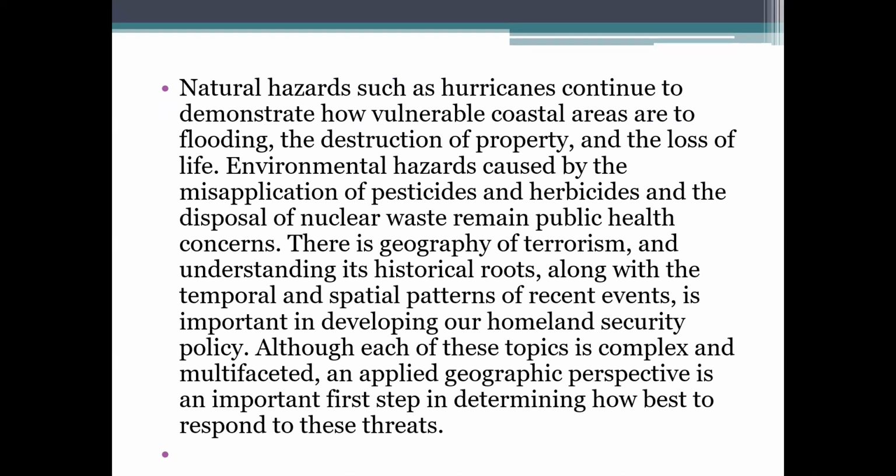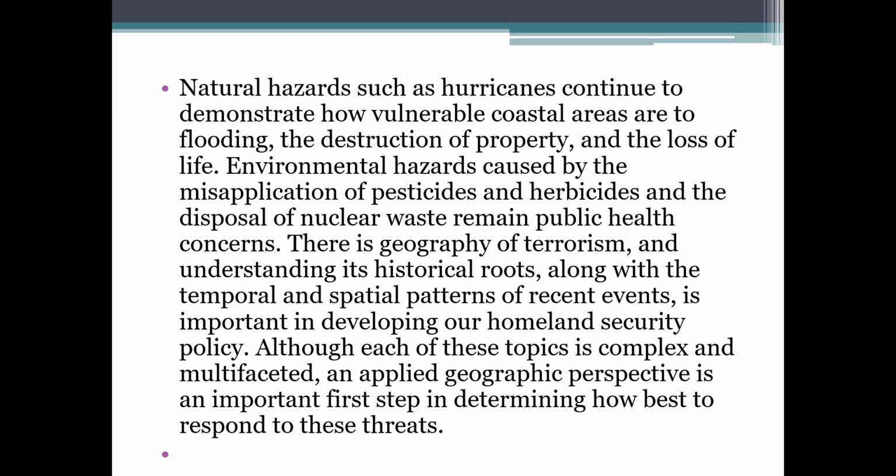For example, natural hazards such as hurricanes continue to demonstrate how vulnerable coastal areas are to flooding, the disruption of property, and the loss of life. Environmental hazard caused by misapplication of pesticides and the herbicides and the disposal of nuclear waste remain public health concerns, so and so forth.